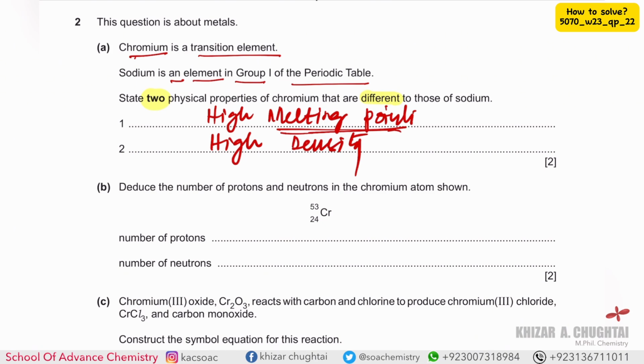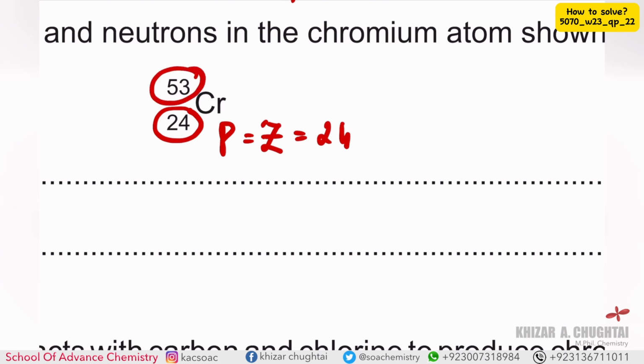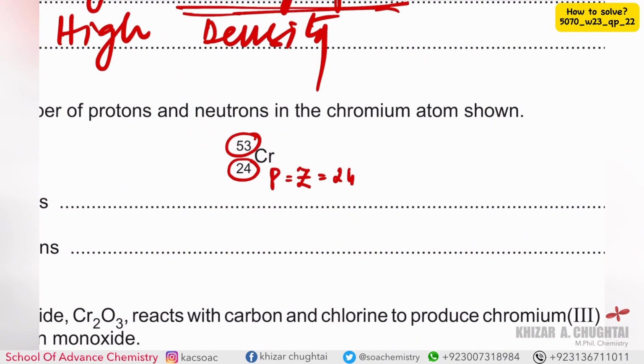Part B, deduce the number of protons and neutrons in the chromium atom as shown over here. The smaller number is the proton number, represented as Z, and the number of protons is 24. What is this other number? This number is the atomic mass, and from here we can find the number of neutrons.